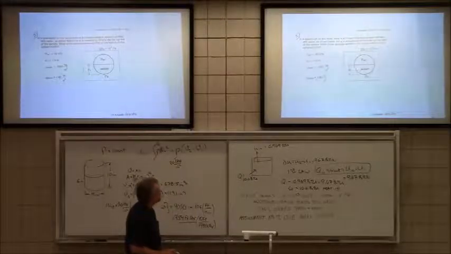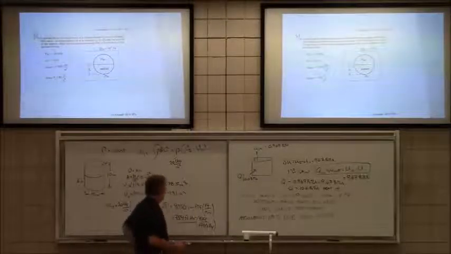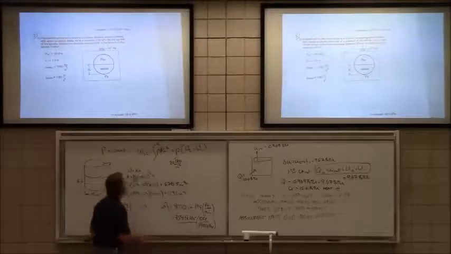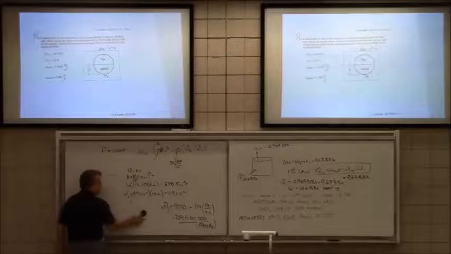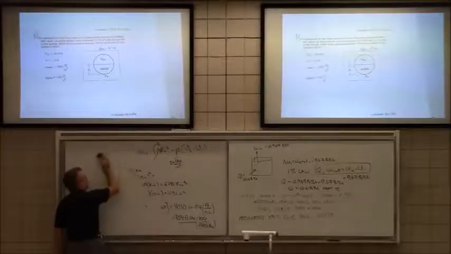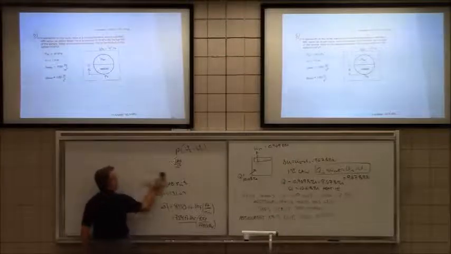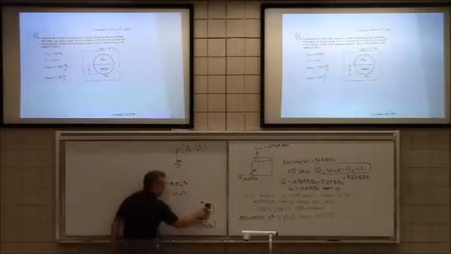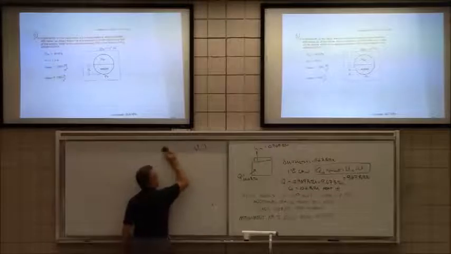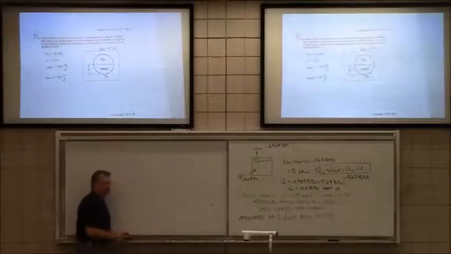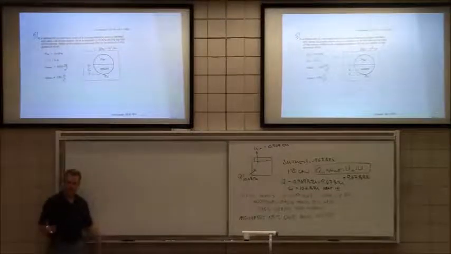Well, let's see. The density, the numeric value is going to be right. What the density does here, because it's water, is it's giving us basically a factor of 1,000.